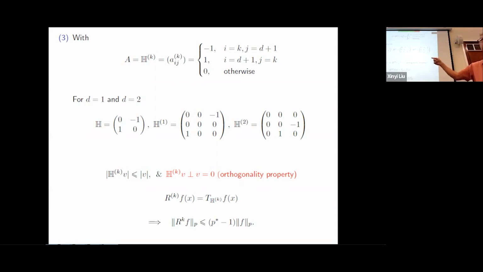And they have an orthogonality property, which is not used, but these matrices give you the Riesz transforms, and you have this universal inequality independent of the dimension, independent of the geometry of R^n, which is not what you get when you do singular integral theory. Calderon-Zygmund gives you lots of constants. Stein had proved that you have independence of dimension, but unfortunately he ruined the dependence on p.